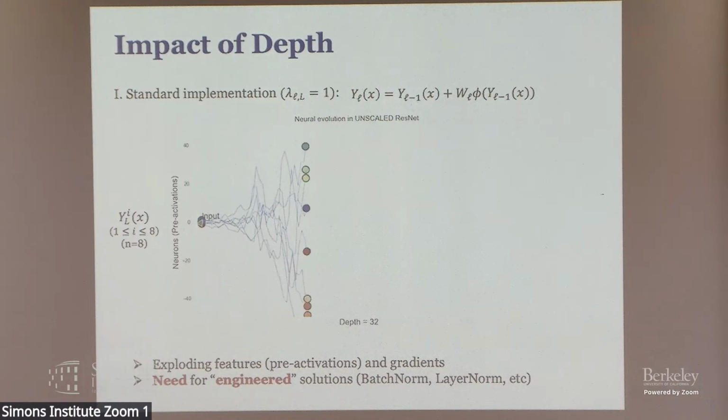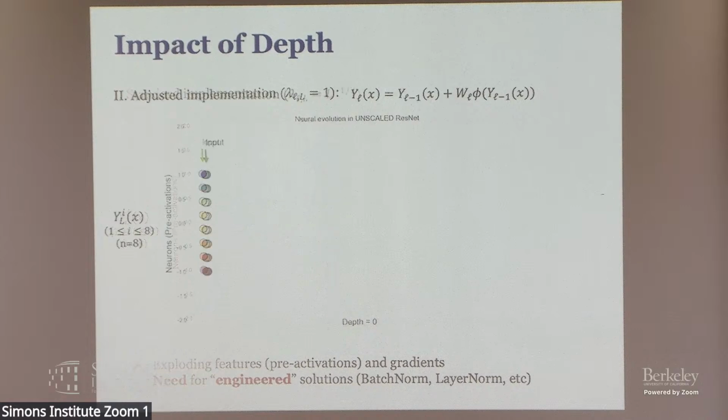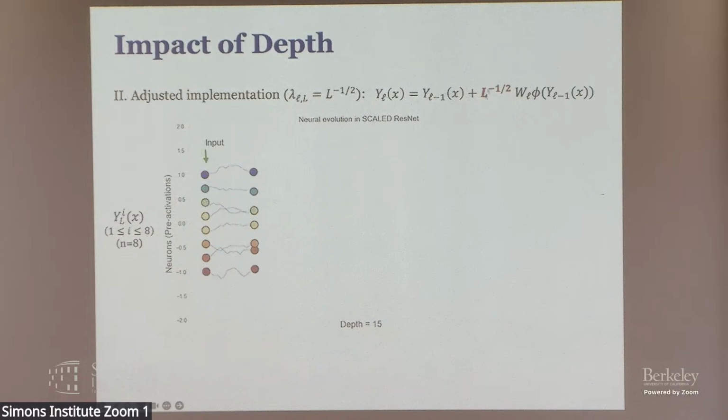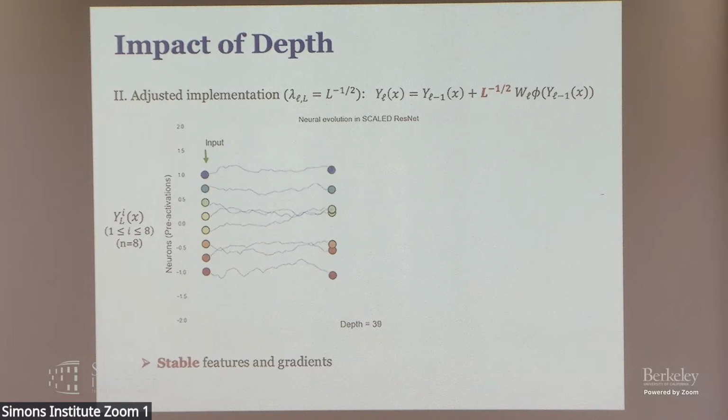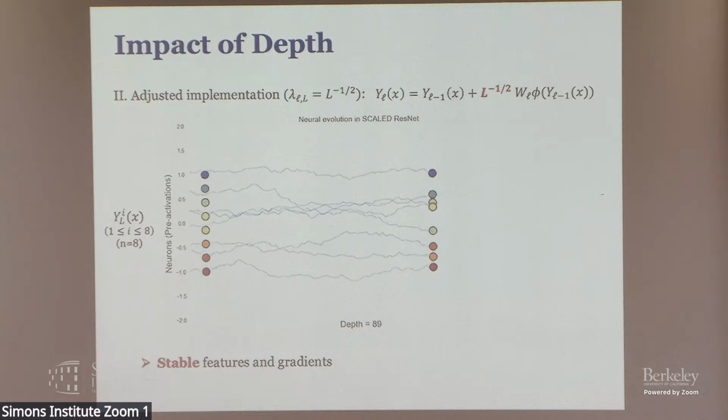Now if I do a simple modification to the network and introduce 1/square root of depth here, you can see that the behavior of these neurons completely changes as you increase the depth. The values on the y-axis are very stable, so nothing grows with depth. You get stable features and gradients when you do this, at least at initialization.